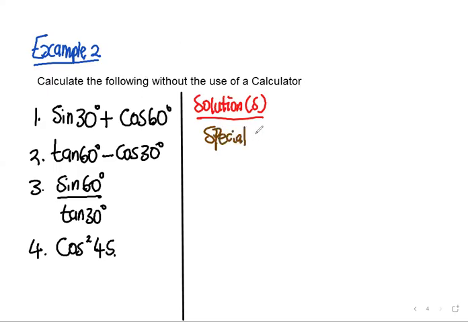The key point is that each and every time they say calculate the following without the use of a calculator, the only thing you can do in that regard is use special angles. That's the only way in which you can do that.